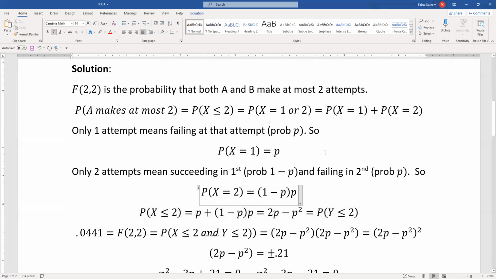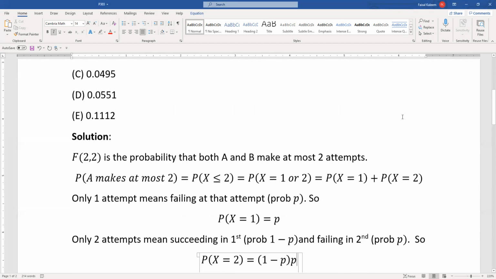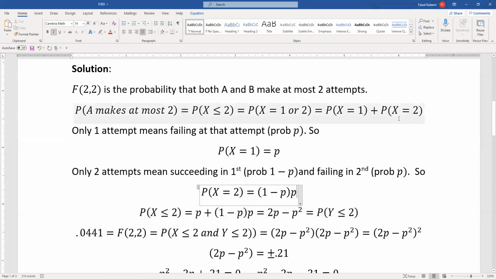And we are now given that F22 is 0.0441. So 0.0441 is F22, the probability X less than or equal to 2 and Y less than or equal to 2. That's what F22 means by definition.